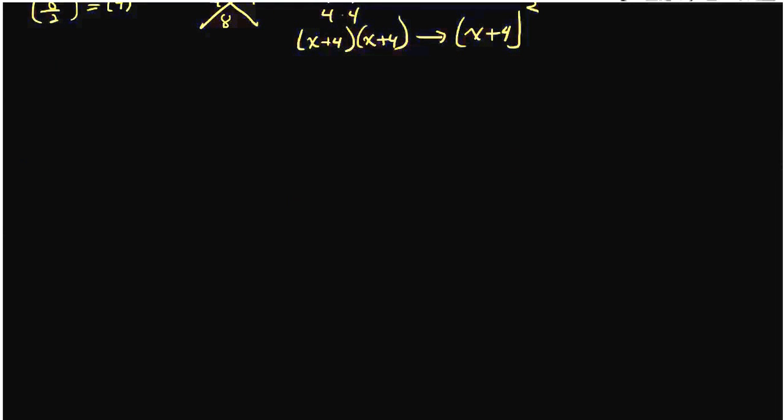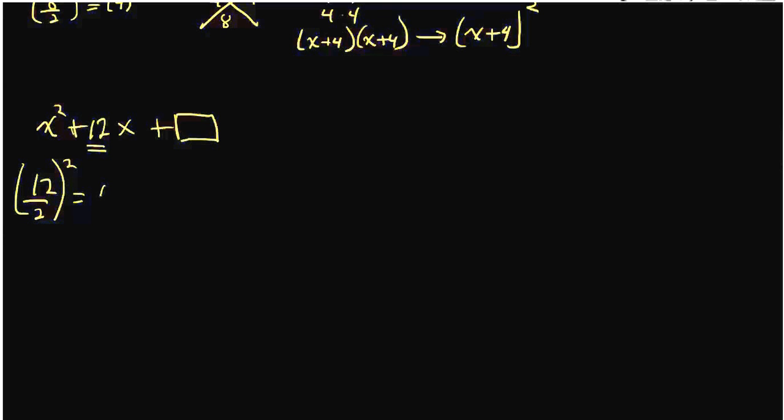Now, try another example. Suppose I have something like x squared plus 12x, and I want to make this a perfect square. Well, again, middle coefficient, take half of it, and square it. 12 divided by 2 is 6 squared. 6 squared is 36, so we add 36 here.